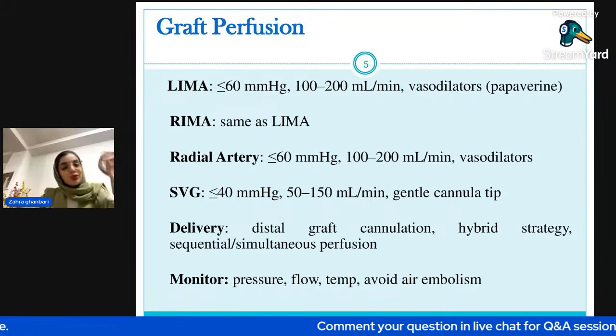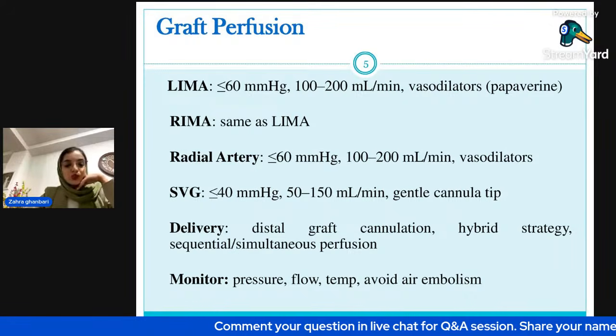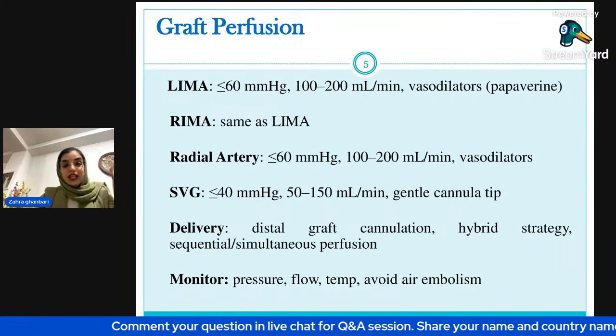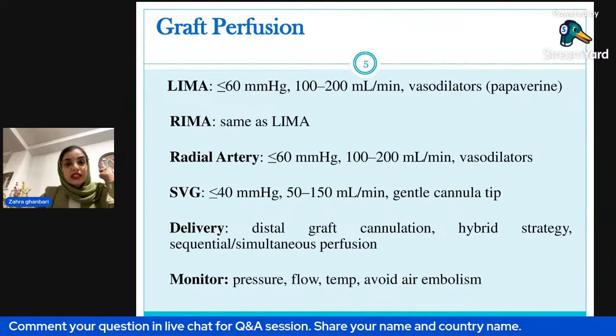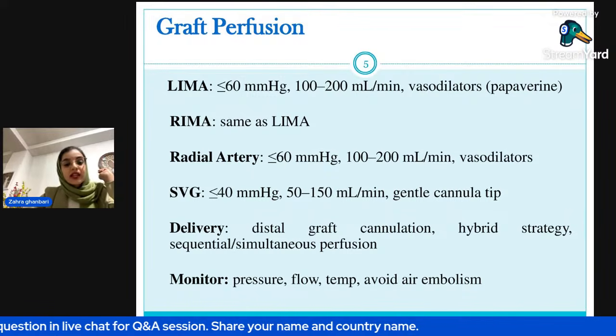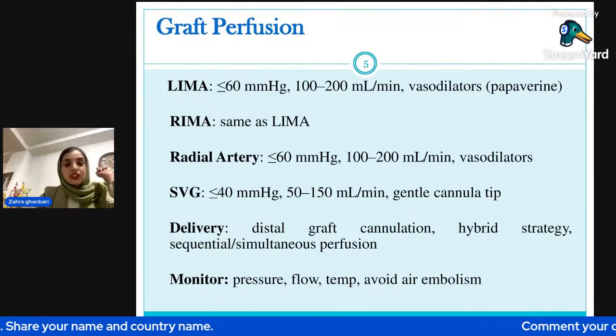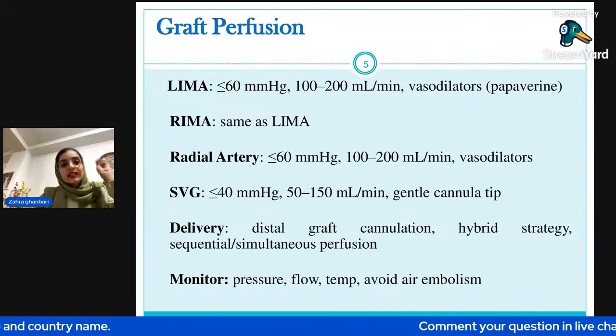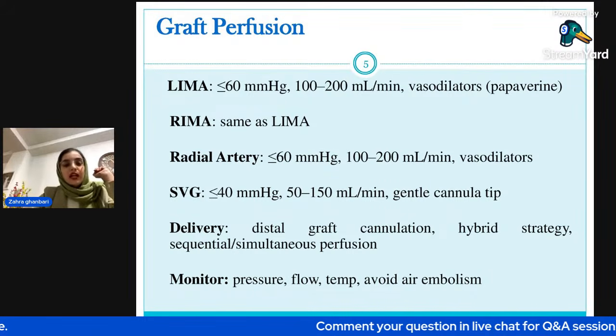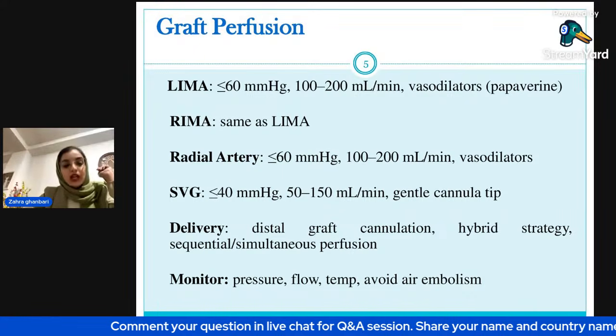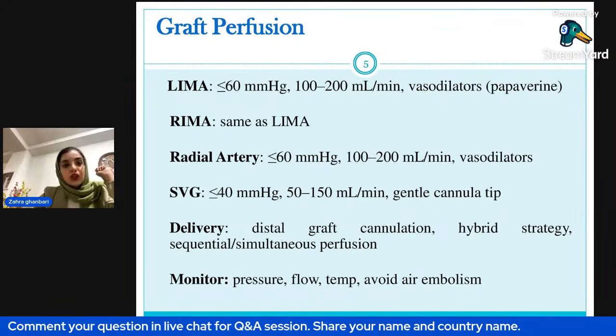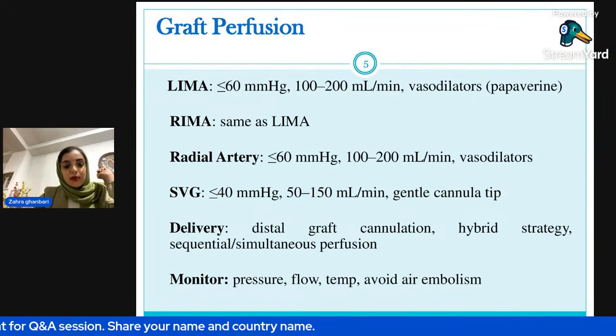So we should use vasodilators such as nitroglycerin and papaverine, and we should keep the temperature above 10 degrees centigrade, because below this range the risk of spasm is higher. Like LIMA and RIMA, we should maintain pressure less than 60 mmHg.